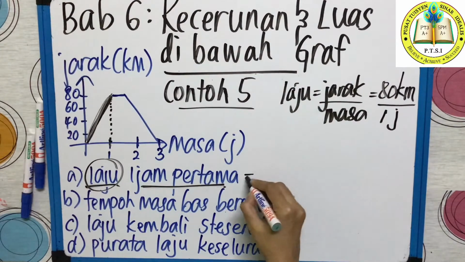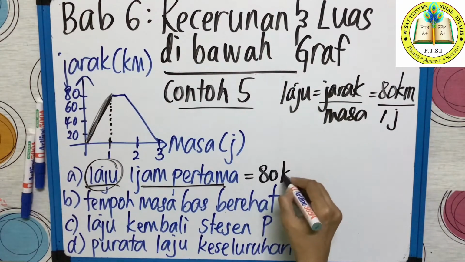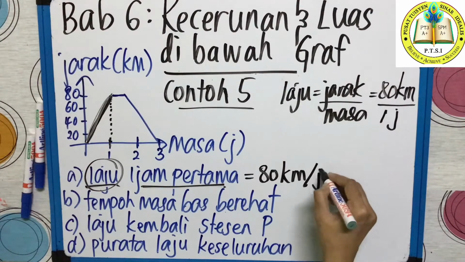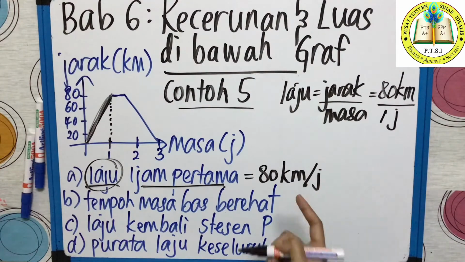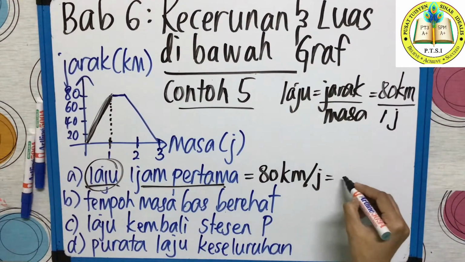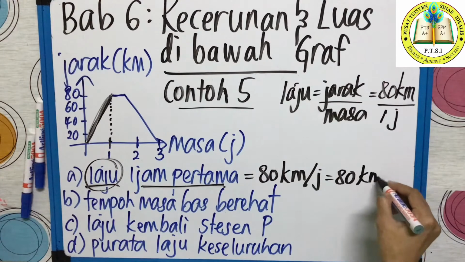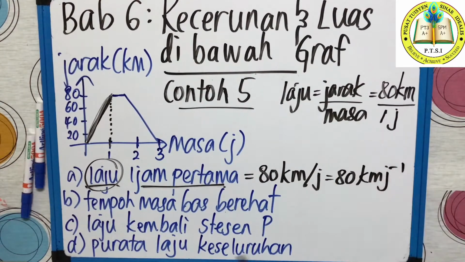You get answer 80 kilometer stroke jam. Correct. Okay. Because up kilometer, down jam. So 80 kilometer stroke jam. Ini pun betul. Or you can write 80 kilometer j power negative 1, per jam. Also correct. Any one also you can put. Tapi unit mesti ada. Kalau unit tak ada, salah.